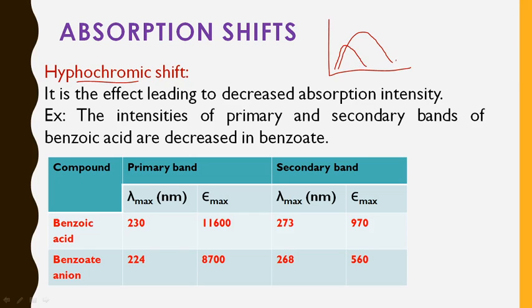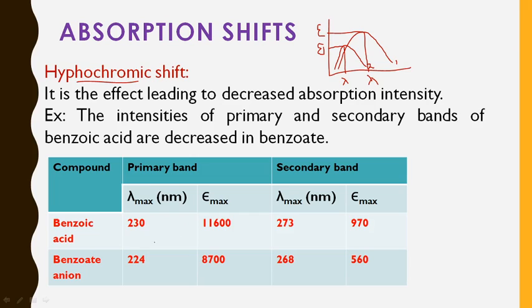So, this is 1 and this is 2. Initially it has high lambda max, after the reaction you have less lambda max. Now consider epsilon also. Initially it has high epsilon, after the end of the reaction you have less epsilon, a decrease in the absorption intensity. This shift is known as hypochromic shift.